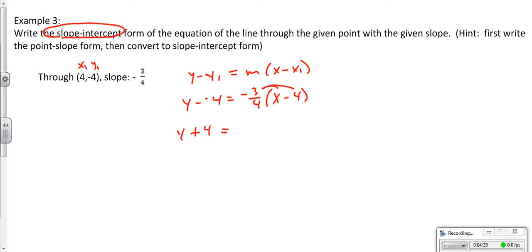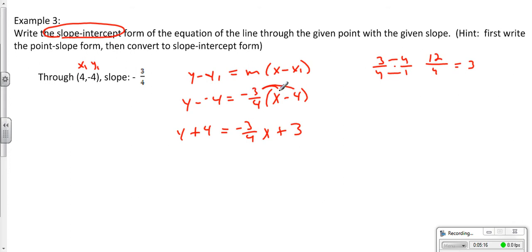We distribute, and we get -3/4 x. Negative times a negative is positive. So what is that? 3/4 times 4, 4 over 1. I took the negatives out because I already know my sign. 3 times 4 is 12. 4 times 1 is 4, and that reduces to 3. So that is considered point-slope form. Now we're working our way towards y equals, sorry about that.